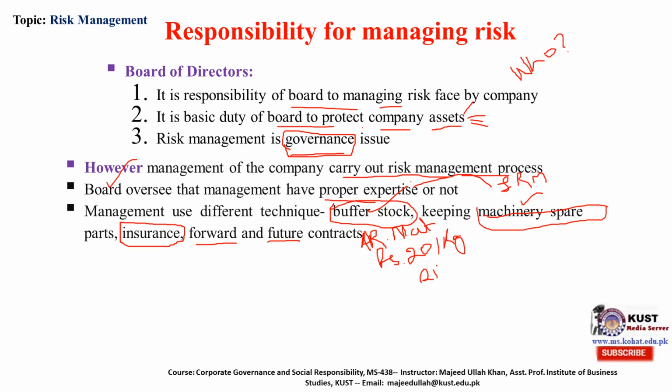For the next 6 months the supplier will provide him the specific material for a specific quantity at 21. This is basically called a forward and future contract, in order to reduce any adverse price fluctuation.